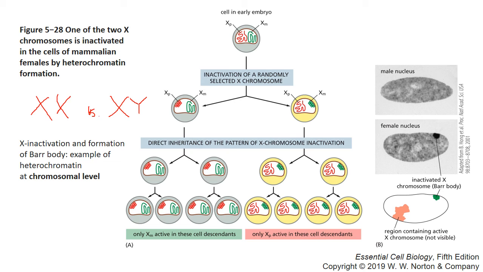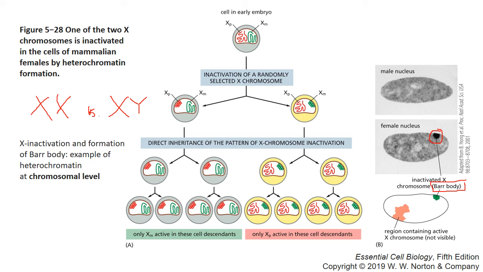The way it gets inactivated is that the chromosome is coiled up so tightly that it forms what we like to call a bar body. The bar body gets its name from the staining process that's done to visualize it. Because it's so highly condensed, it will soak up a lot of stain, and it will appear as a dark spot under the microscope.